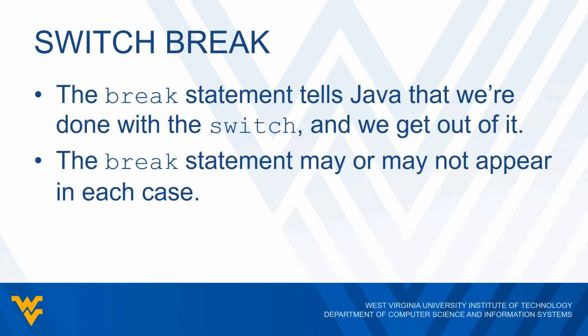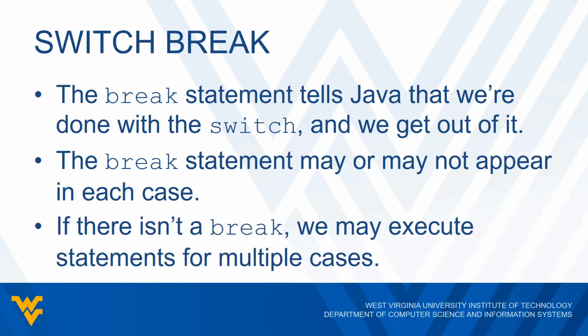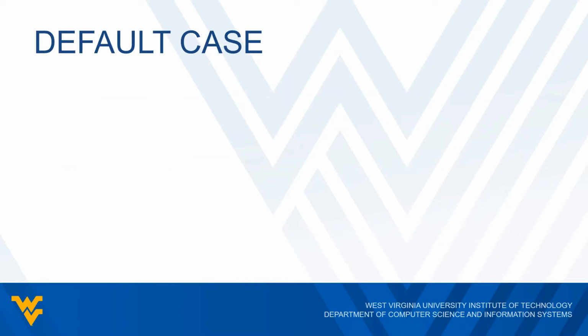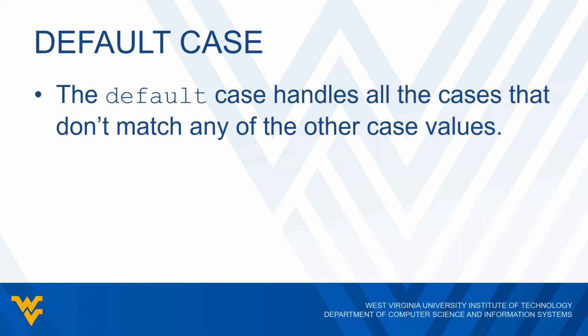It's a pretty neat trick, but in most cases we're going to end each case with a break statement. Because if we do not include the break, then we could execute statements for multiple cases. Sometimes we want this to happen. Other times we may not. So it's just one of those things you have to be really careful with how you set up your switch statement. And then, as I said before, the default case simply handles all the other cases that don't match any of the other case values.